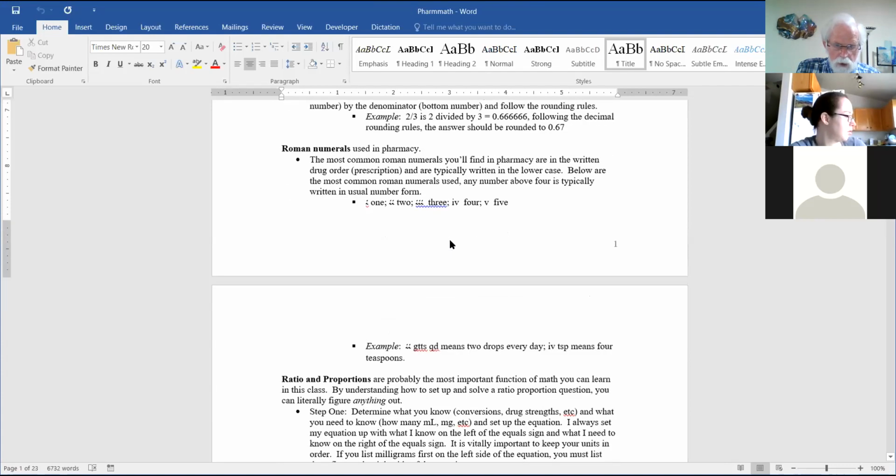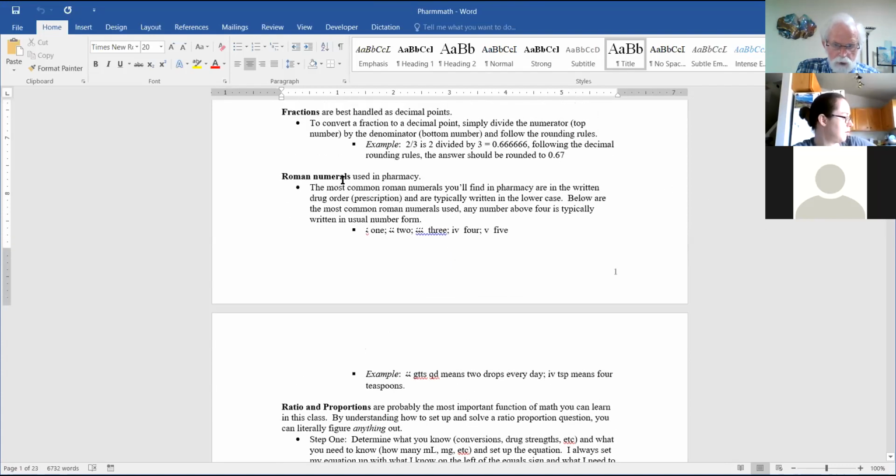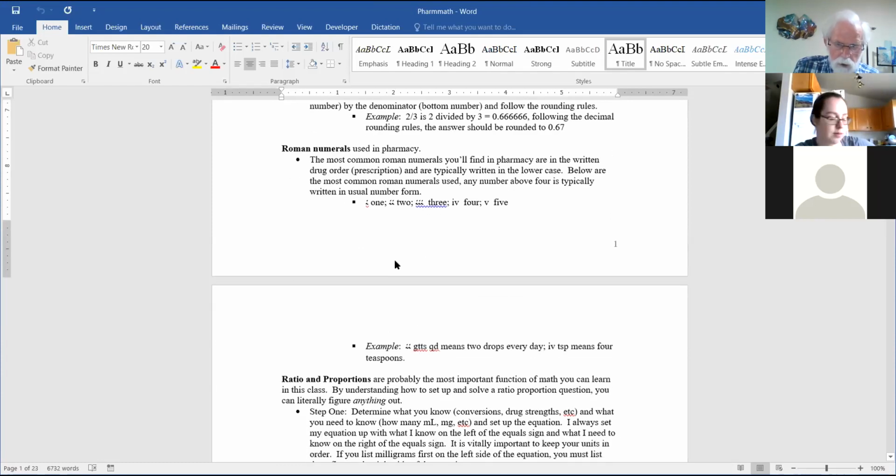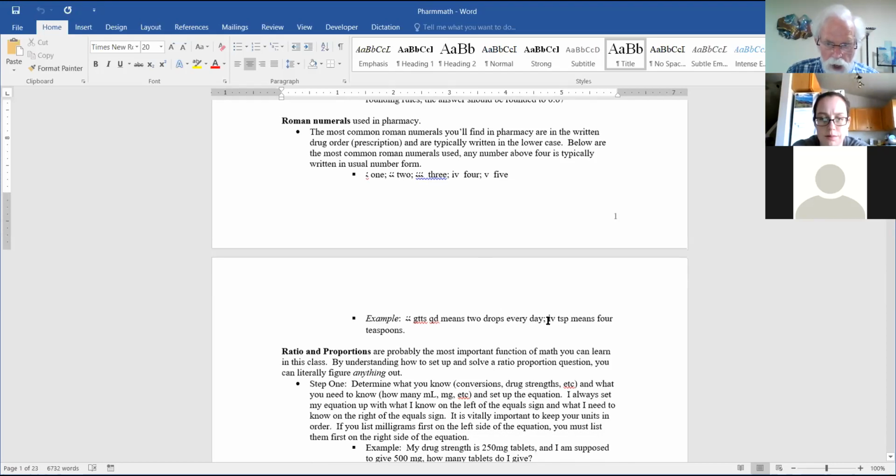This is where you can get yourself used to looking at Roman numerals again. For example, you see 2 I's, GTT per day, 2 drops every day. For IV, we don't use the Roman numeral 4 because it can be confused with giving a dose via intravenous injection. This is not the best example, but unfortunately, again, you will see it.